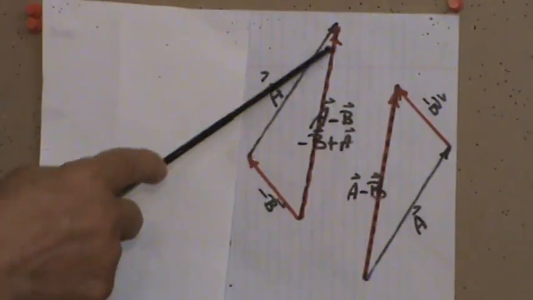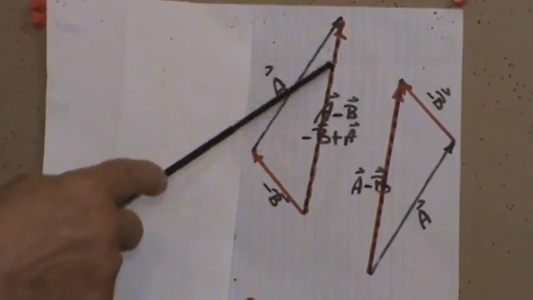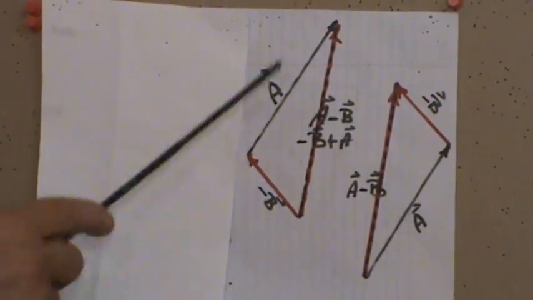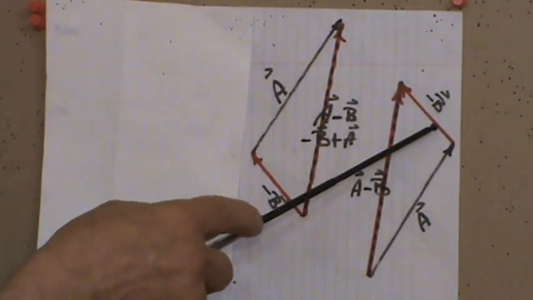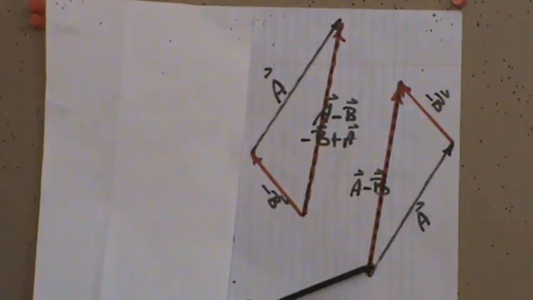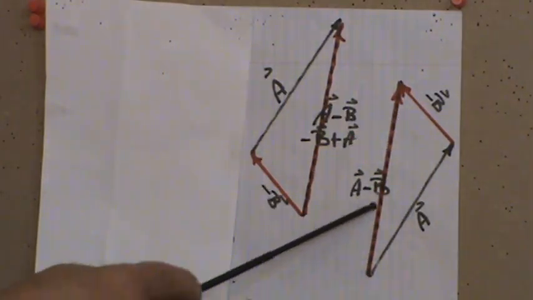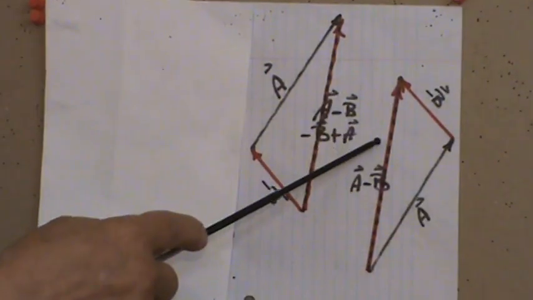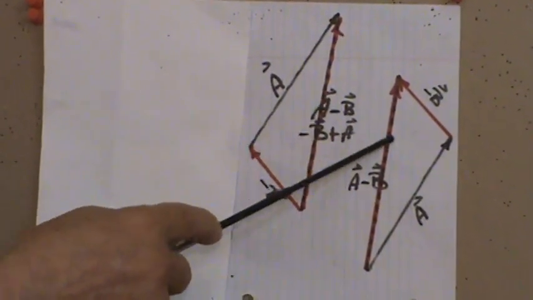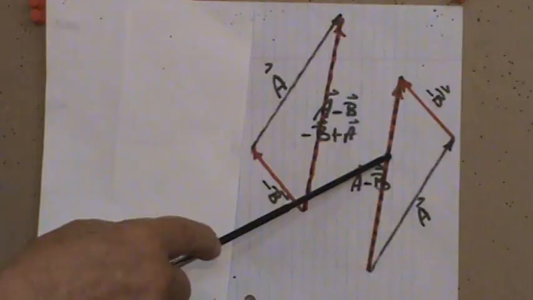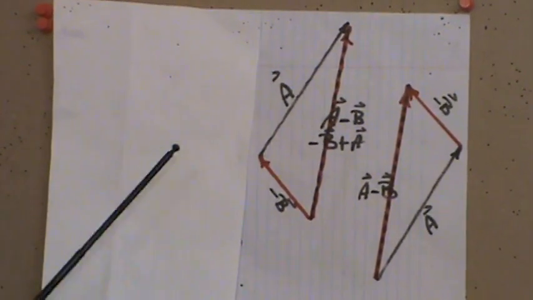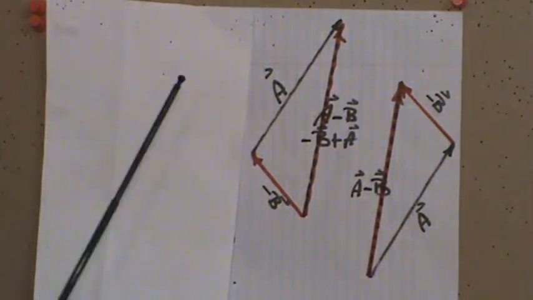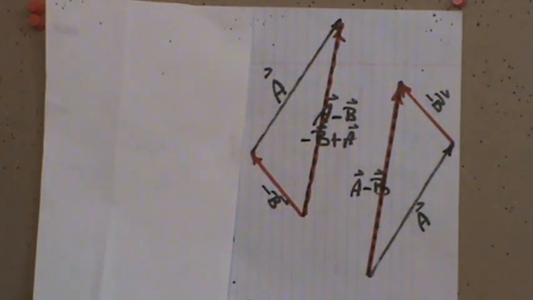And this will be the result of A minus B. Now if I do the other way around, if I put the tail of this one to the head of the A, you notice that this will be A minus B, and this is the same vector as this one. As you can see, the magnitudes are the same, the lengths of both are the same, and they're parallel, and they have the same direction. And vectors are free, they can move to any place, they don't have any unique place.